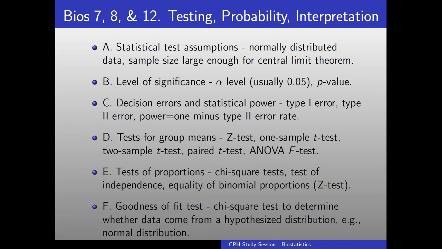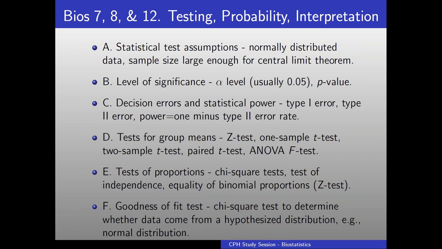Going through 8, statistical test assumptions. This is a very broad area, and it really depends on what you cover in an intro stat course, but I would think that at the very least you need to know that for certain tests to work, the data have to be normally distributed, or the sample size has to be large enough for the central limit theorem to kick in for a lot of these tests.